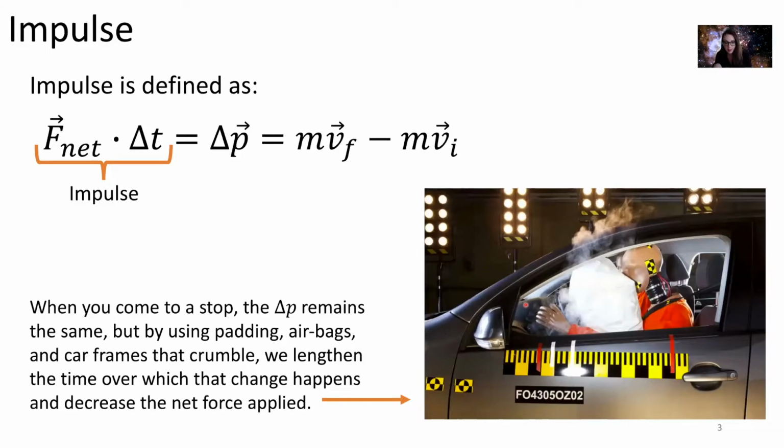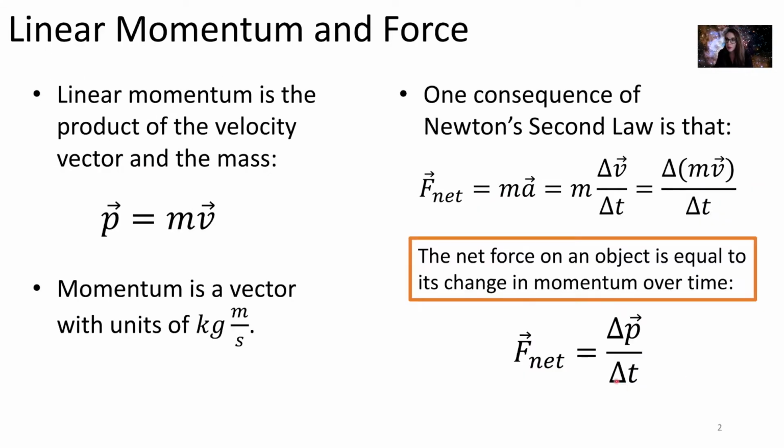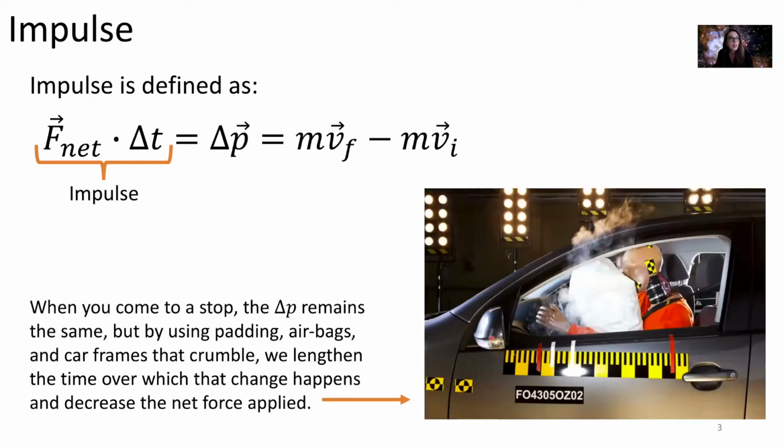If we rearrange this to solve for momentum, we have that the net force times the change in time is equal to the change in momentum. That's just taking the previous equation and solving it for momentum.